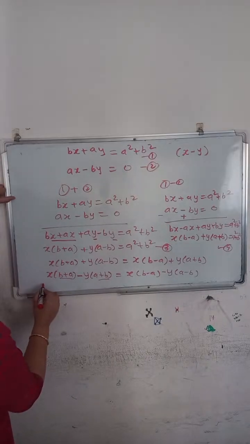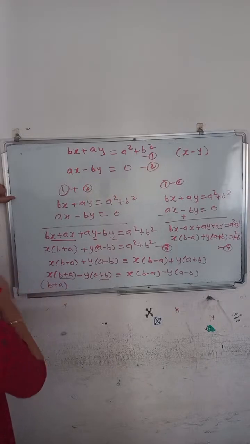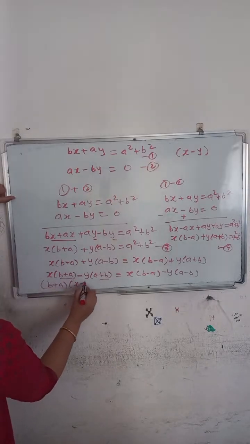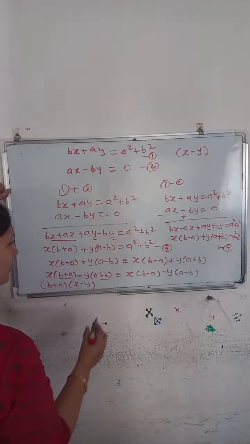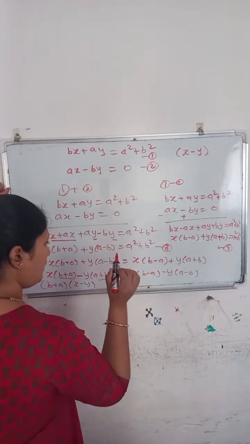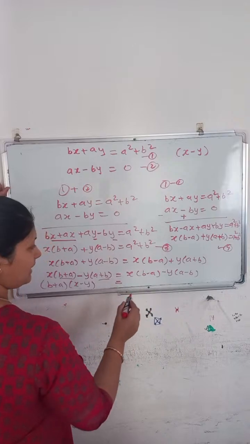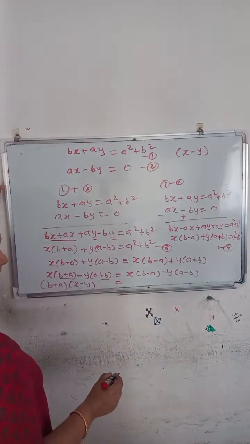If I take b plus a common, I will get x minus y, and here b minus a and a minus b.